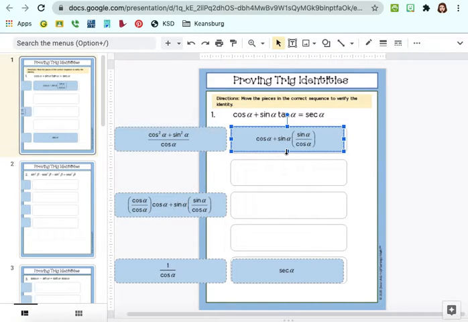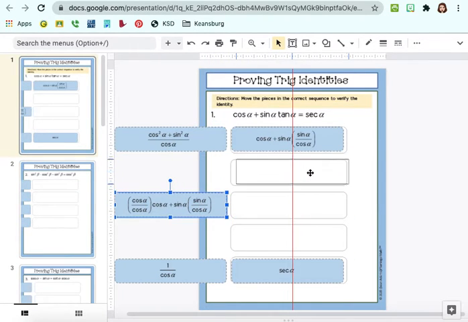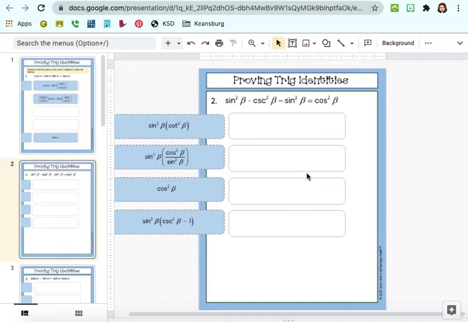Now, in order to move forward, I could multiply sine and sine of A over cosine of A, or I could try and get common denominators. I see they're trying to get common denominators, so I'm going to move that into my next step.